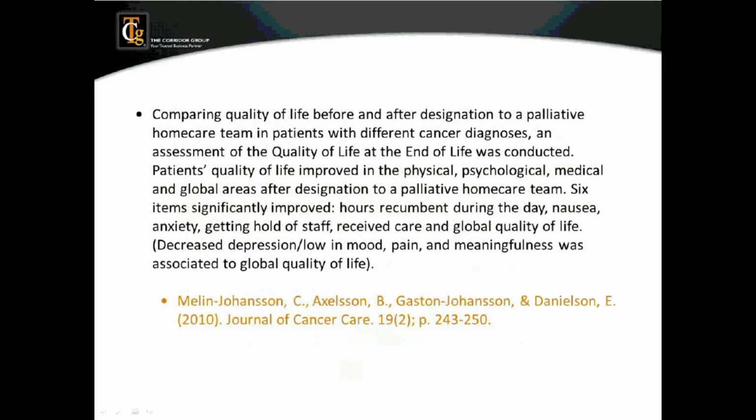So comparing quality of life before and after a designation to a palliative home care team in patients with different cancer diagnoses, an assessment of the quality of life at end of life was conducted by this study.